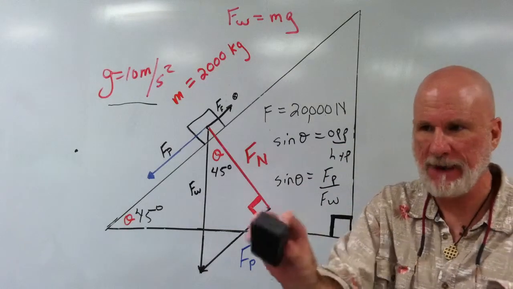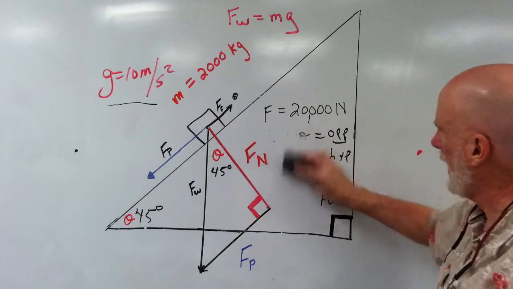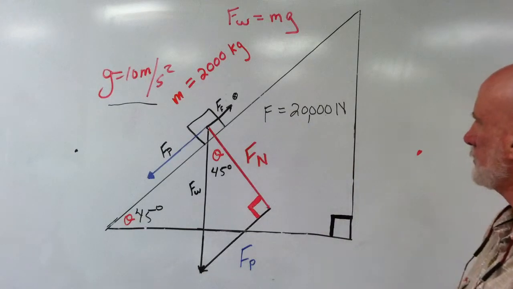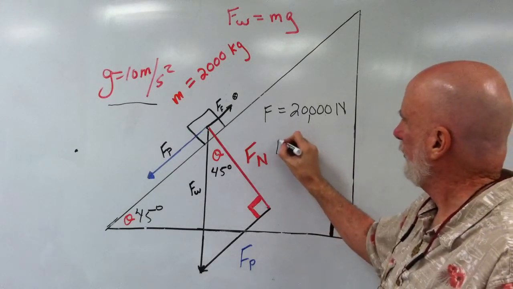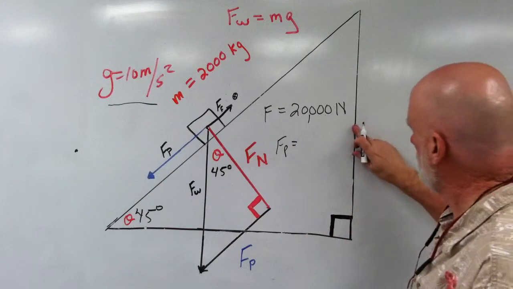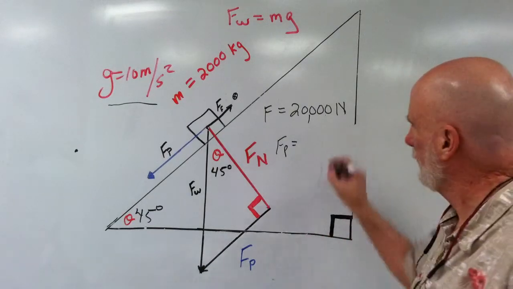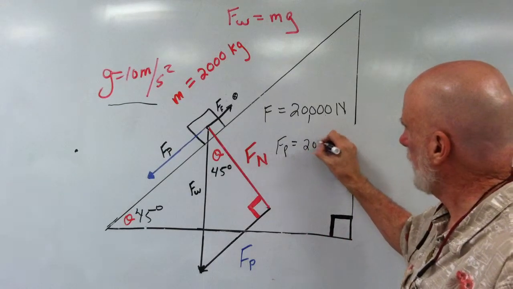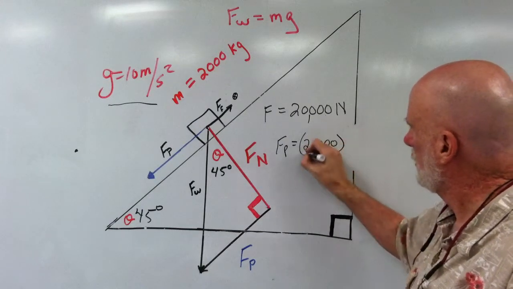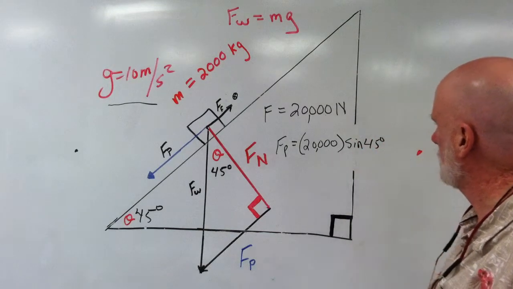Everything's fine? Okay, got your calculators out? We're going to calculate the value for Fp. Okay, here we go. Fp equals 20,000 sine 45 degrees.